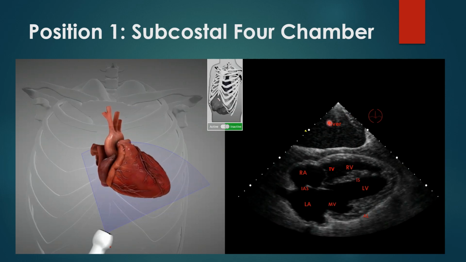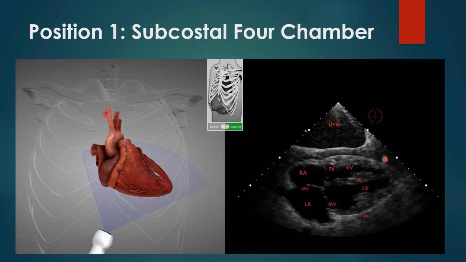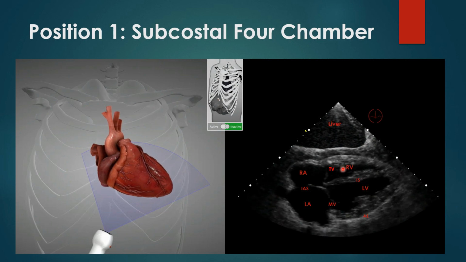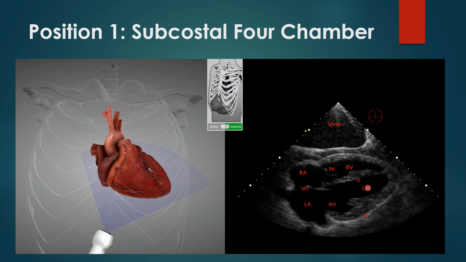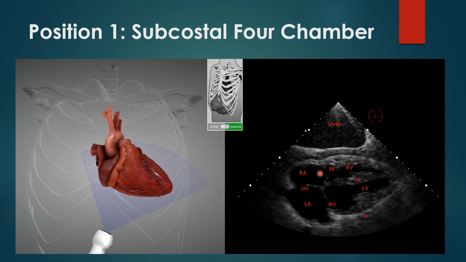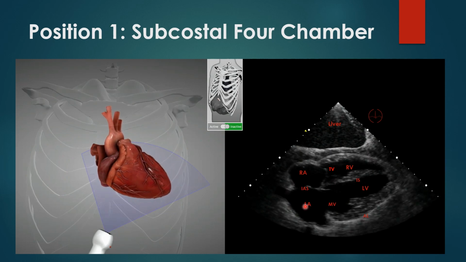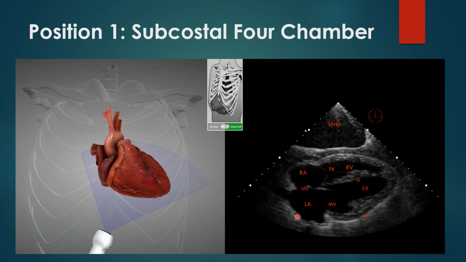So you've got the liver here. You've got the pericardium, which is a nice hyperechoic structure, unless you've got an effusion, and then it's nice and anechoic here. And then you've got the RV, which is a little bit more anterior to the LV, and then you're going to have the mitral valve, tricuspid valve, right atrium, left atrium, interatrial septum. And you can see things much better here because, of course, this is just a simulator.